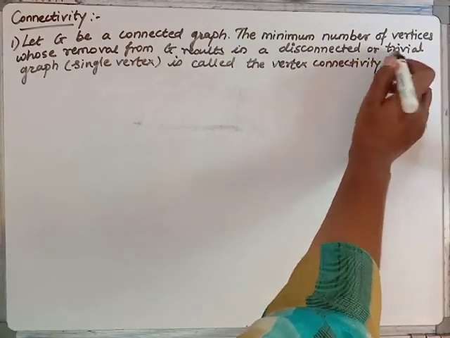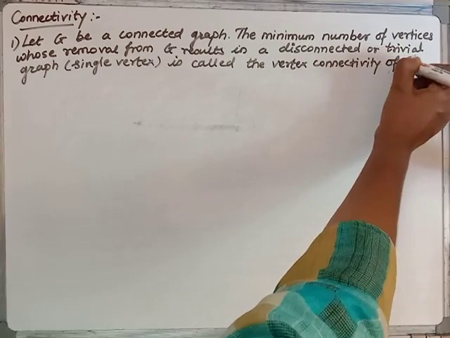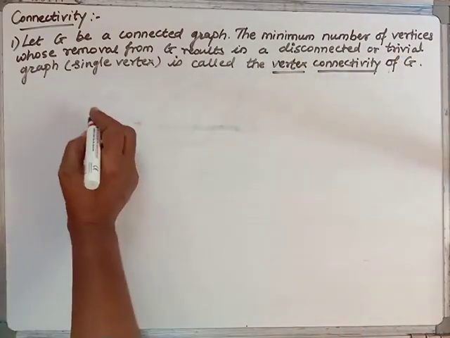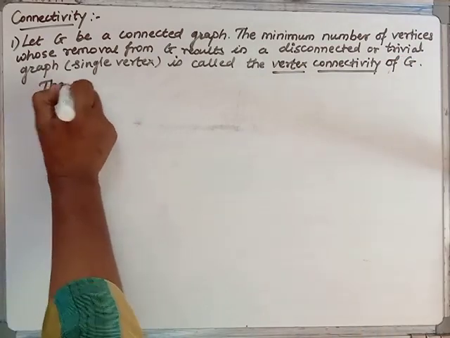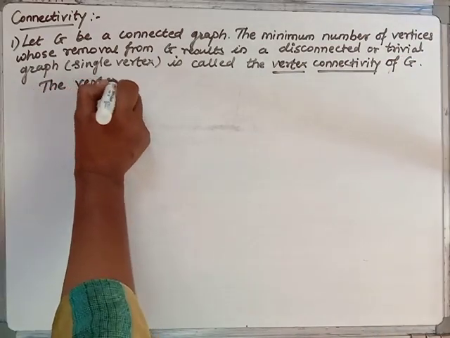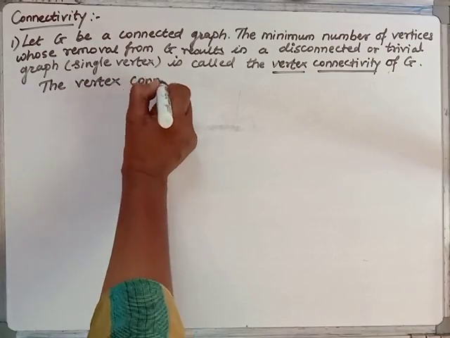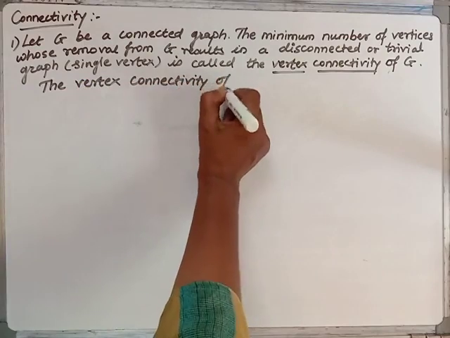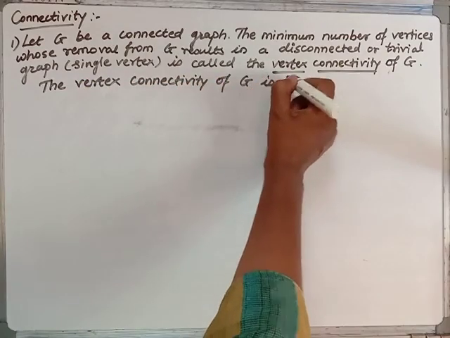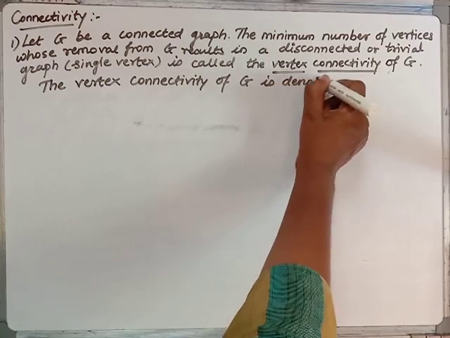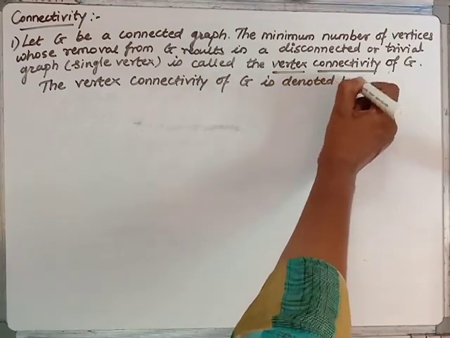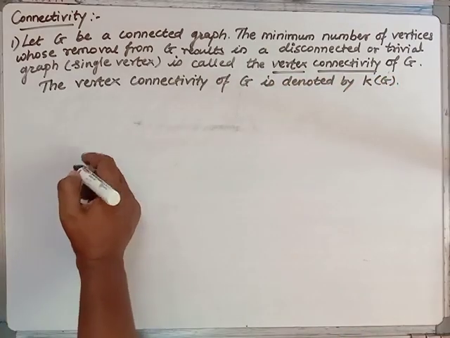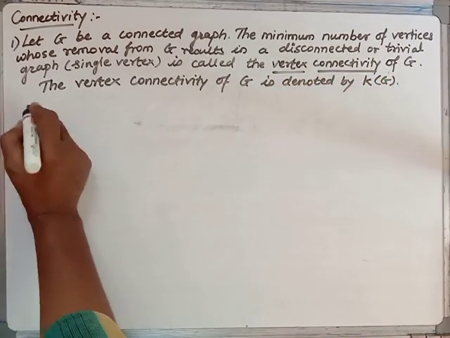Vertex connectivity of G. The vertex connectivity of G is denoted by K of G. Okay.